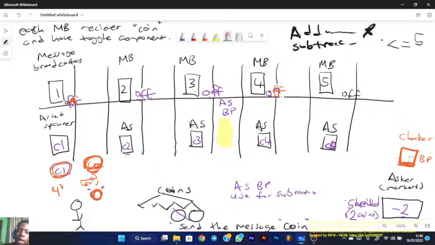C1 will detect the checker and send the message 1. That means you have 1 coin left. So that message 1 would turn this off. Turn this off. That message 1 would reset the checker.